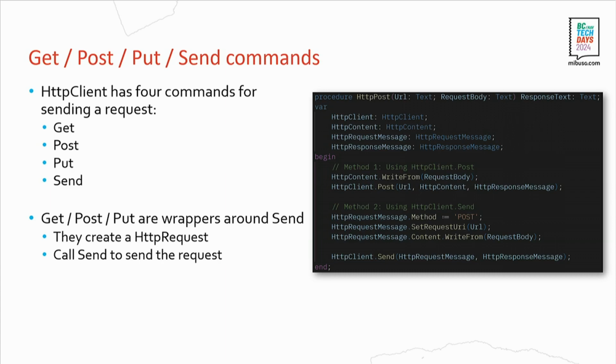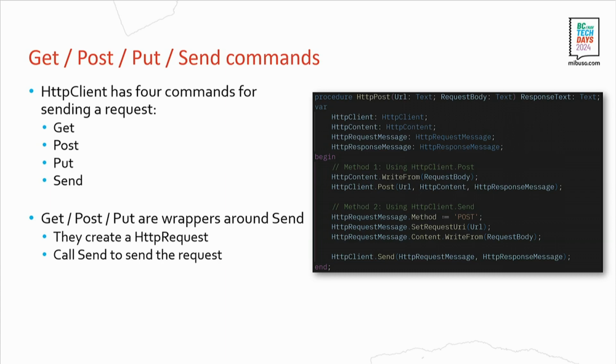What it basically does is taking away some code from you that you don't have to write. So here in the example, you see method 1, which is using the HTTP client.post. So it writes an HTTP content from the request body and then posts it. And the second method is using the HTTP client.send by creating an HTTP request message with the method post, set the request URI, write the content, and then send it.